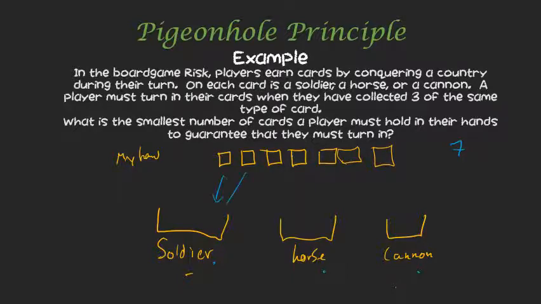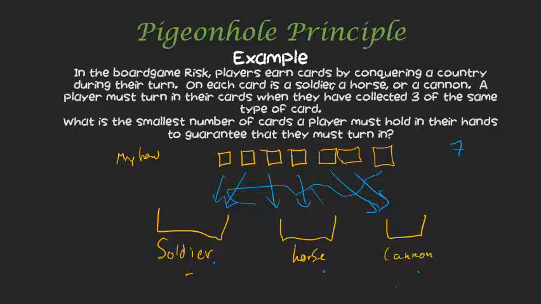So maybe these 2 are both soldiers, these 2 are horses, these 2 are cannons. At most 2 of every type. And so if I have that, then where does this 7th one go? It can't go to any of them, otherwise I'll have 3 of one type. But it has to. So therefore, I do have 3 of one type.